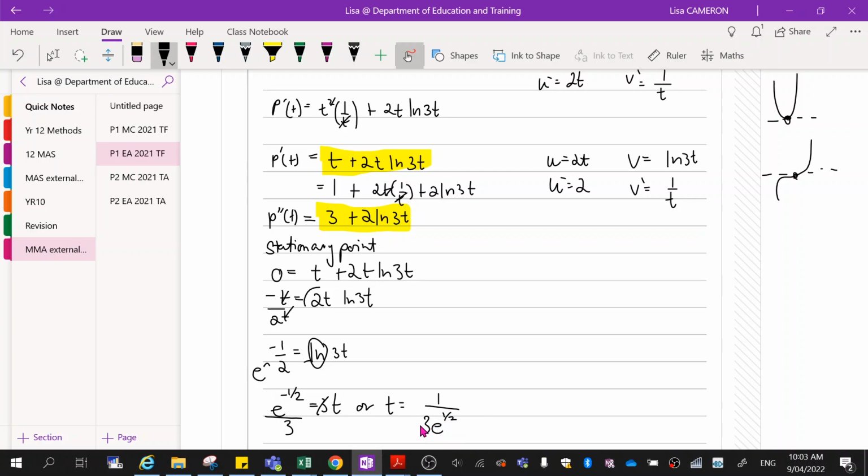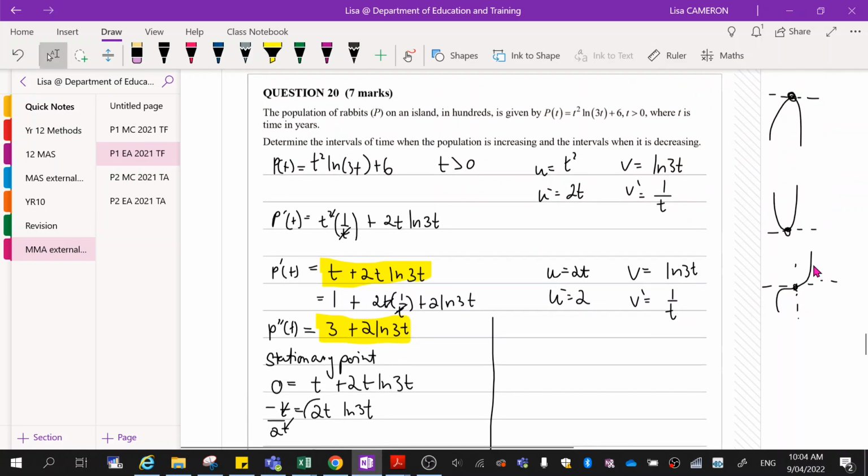Now, the reason why I can do that is because if this has a negative index, remember that means that it should be expressed underneath. They'll give you the same answers, just make sure that you know what you're doing. Okay, so now I found that my stationary point exists here. I'm going to use the second derivative test to test whether that point is a max or a minimum. Because really, with that stationary point, I've got most of my information.